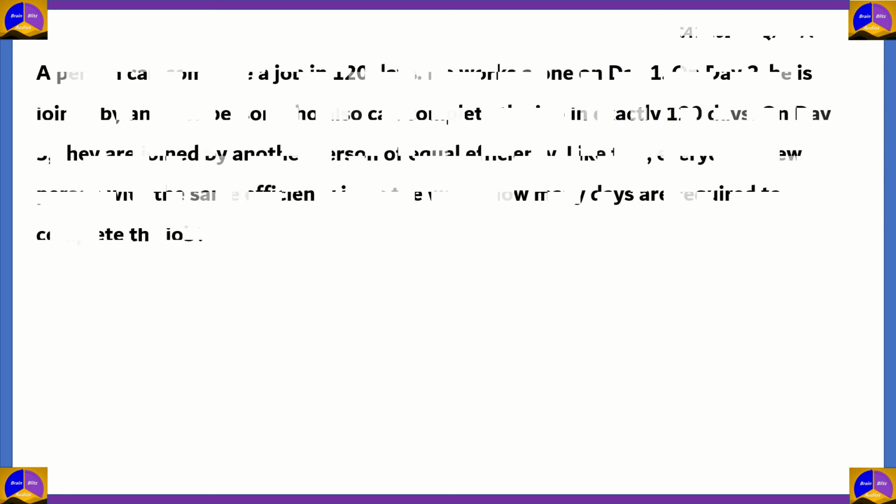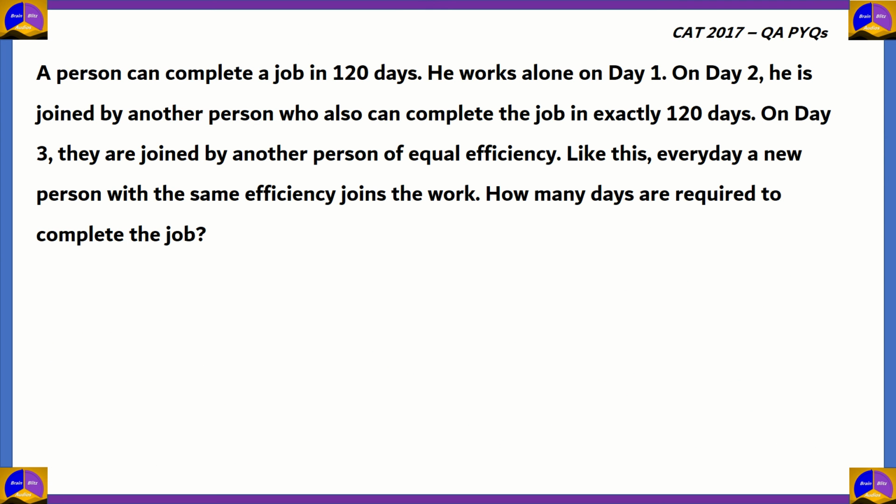So 15 turns out to be the right answer. So basically, we use the table, and we can either use the table until we reach 120, or if you're smart enough, you can figure out the formula, which in this case is n times n plus 1 over 2. So that's how we solve this particular question.